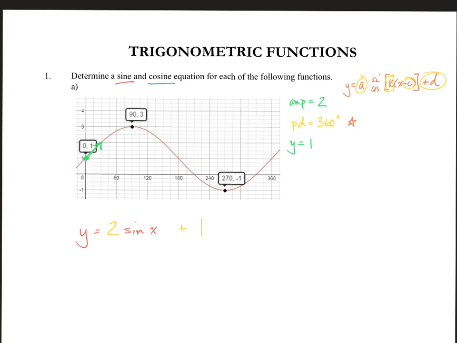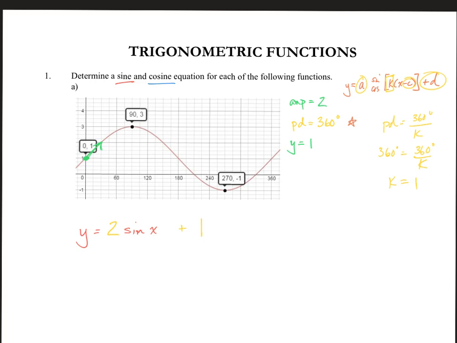Now, the second part that can help us, and this is what we referenced a little bit ago, your best friend when dealing with these functions. Remember the relationship that your period is 360 divided by your k value. And so if I was to just blindly sub in, then we should see that 360 divided by 1 gives me 360, and I can solve for a k value of 1.